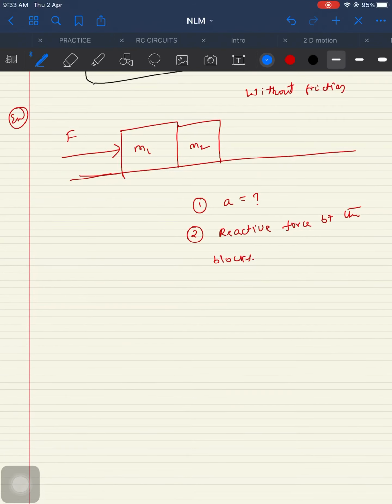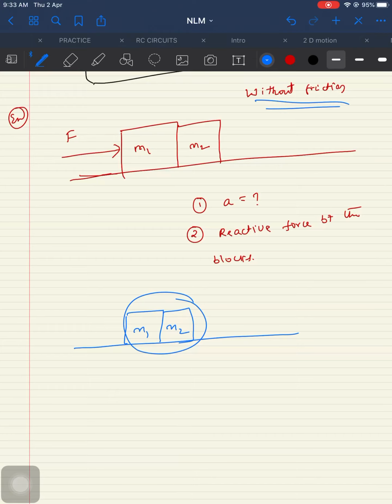To solve this, sometimes we can assume more than one block as a single system. These two bodies, m1 and m2, I can assume as a single body because there is no friction here. Even if there is friction we can assume that, but I will teach you how.